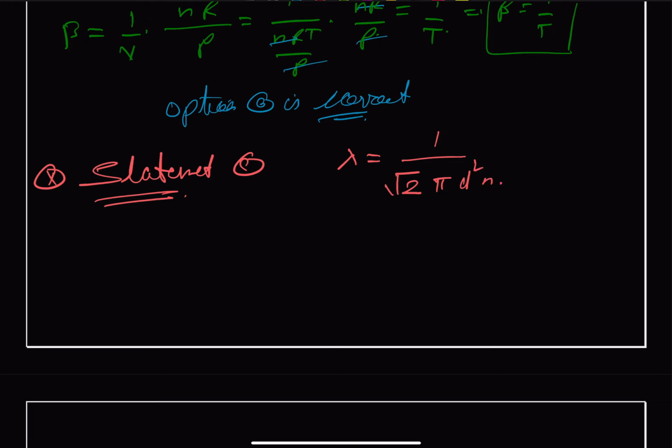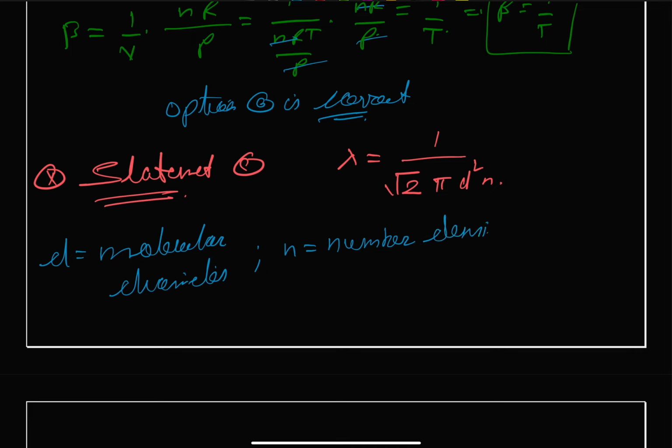Here d is the molecular diameter, and n is the number density, that is molecules per unit volume.